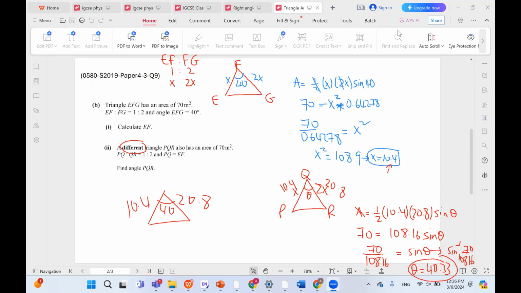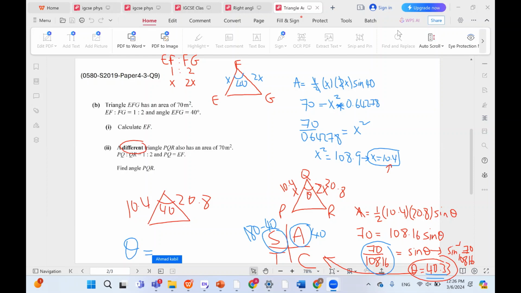So the idea is that instead of using the 40, you have to apply the asterisk rule, and you have to realize that for sine theta to be equal to this number, theta can either be 40, which is this quadrant here, or it can also be 180 minus 40. So therefore, the correct value of theta here would be 180 minus 40, which is 140, in order to give us a different triangle. So therefore, theta equals 140 degrees.